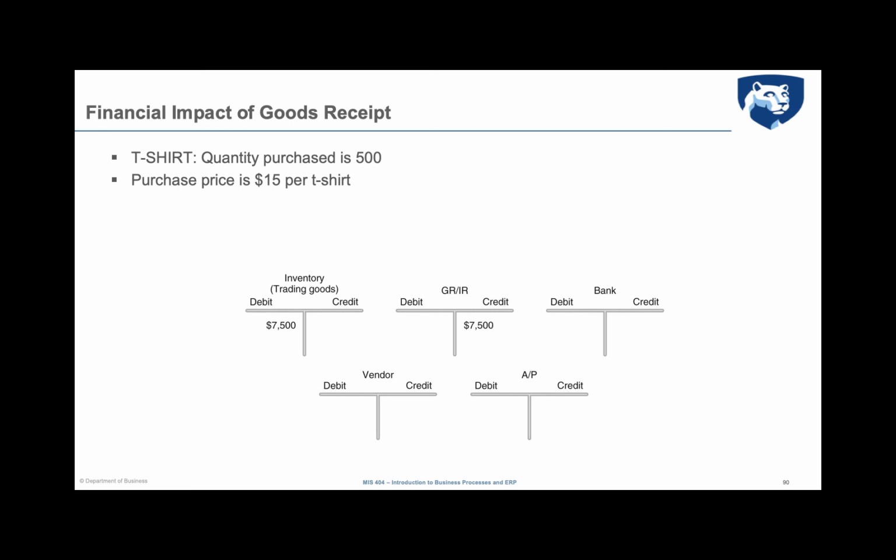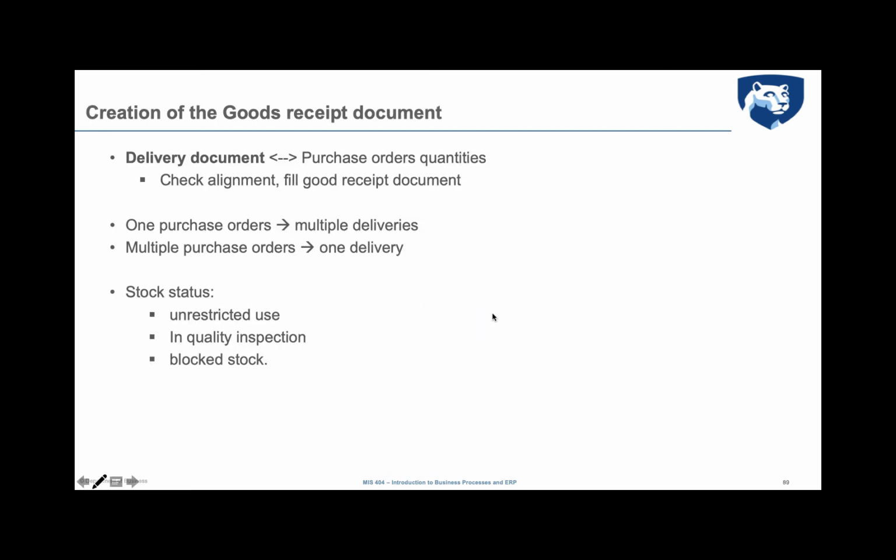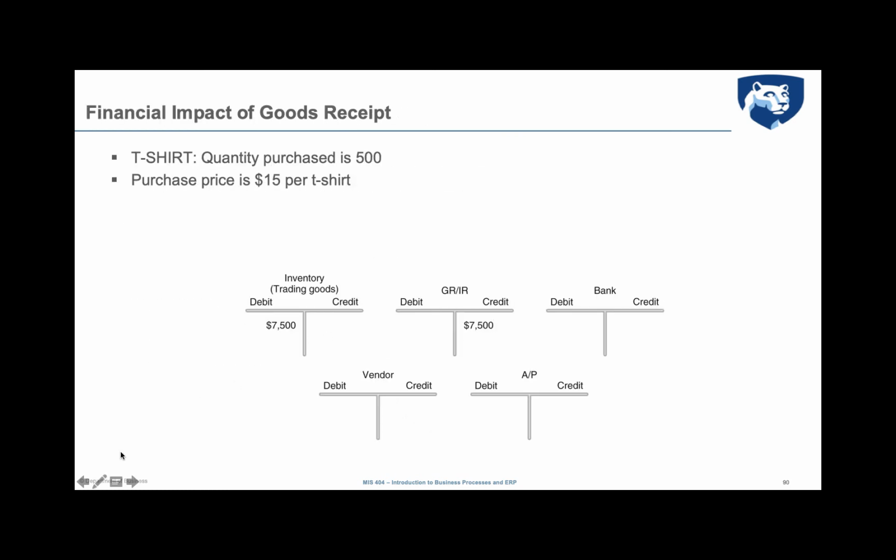If you purchase 500 t-shirts and actually receive them, for $7,500, your inventory is debited by $7,500, and your goods receipt/invoice receipt account, which is your accounts payable to the vendor, is credited by $7,500, because you need to record the fact that you have received goods that you haven't paid for yet to your vendor.